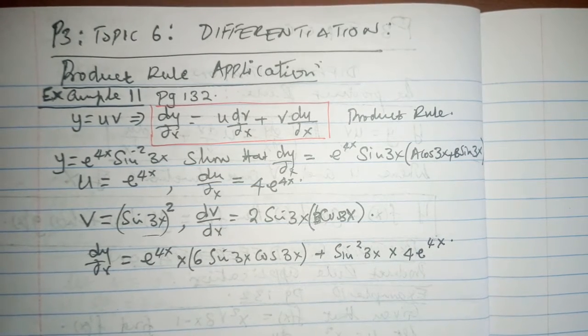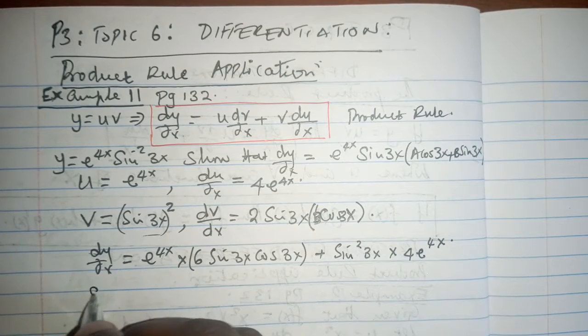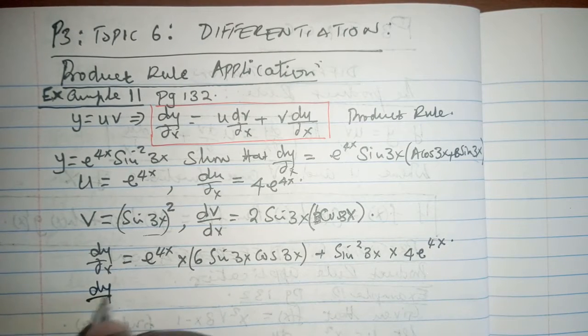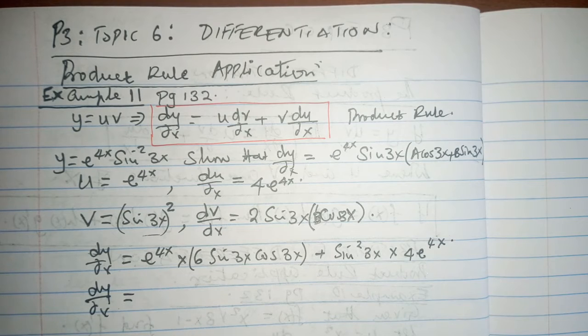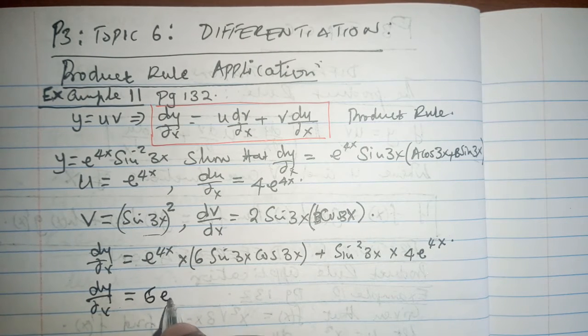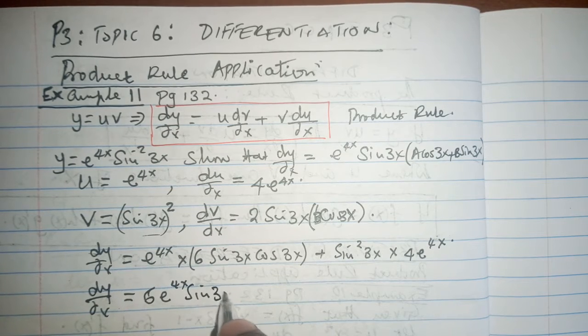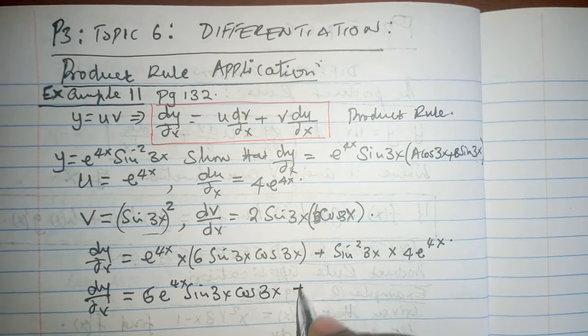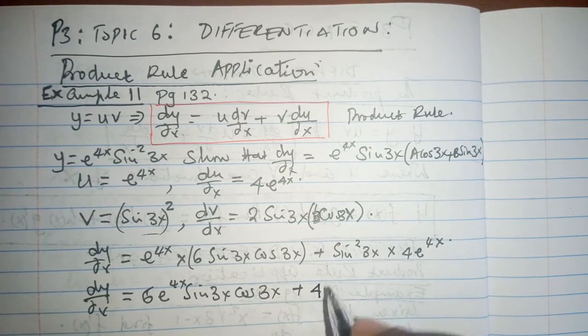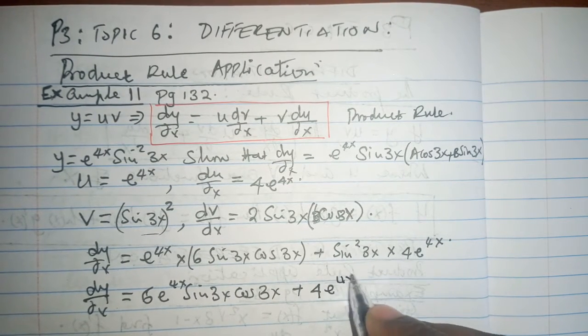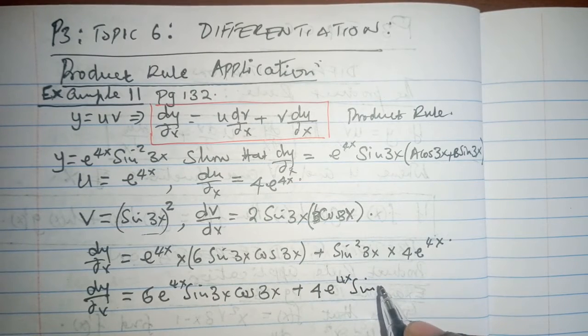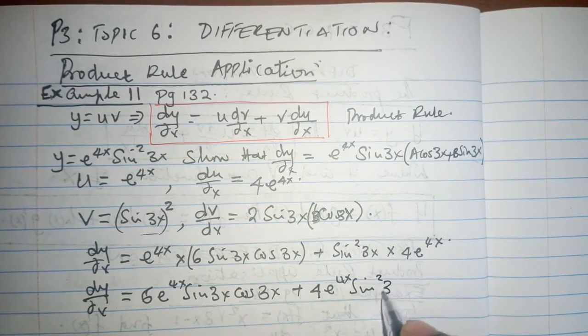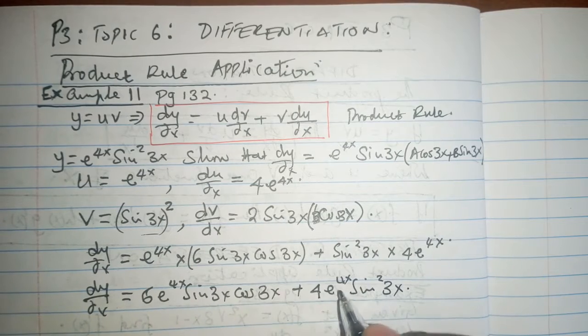Having seen that, we have dy dx, which, when we open the bracket, is 6e raised to the power 4x sine 3x cosine 3x plus 4 e raised to the power 4x sine squared 3x.